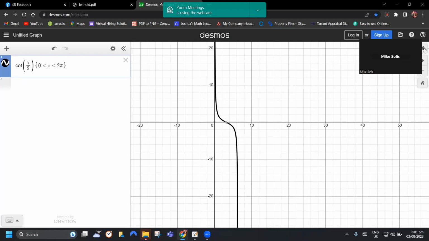Okay, yung last natin ay cosecant of x. Tingnan mo yung domain na binigay.